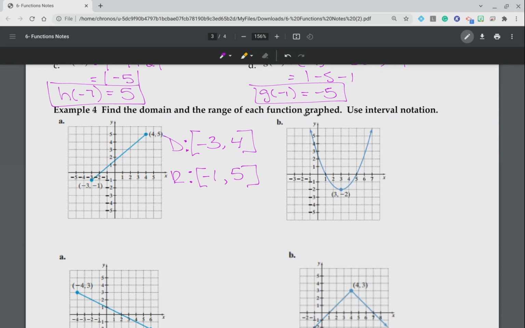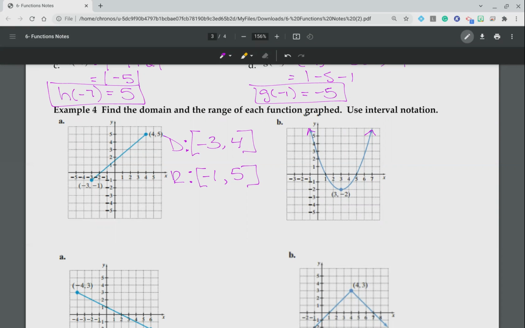Okay, so that's what it kind of looks like if you have a graph that has a beginning and an end. But if you look at letter B, you'll notice we have arrows at the top. Okay, so that means that graph goes on and on and on forever into infinity.